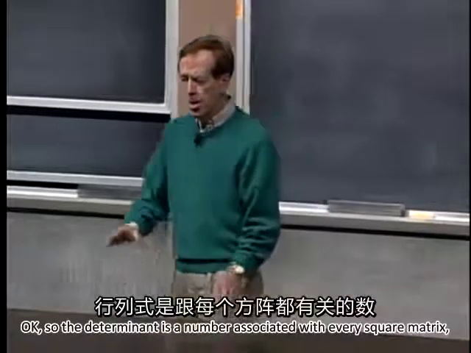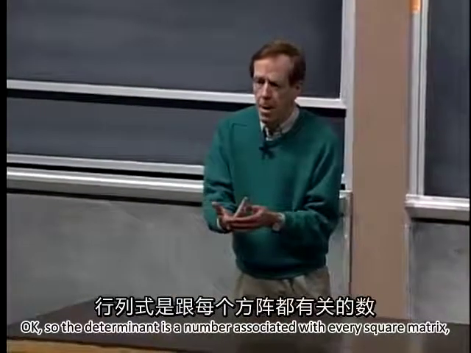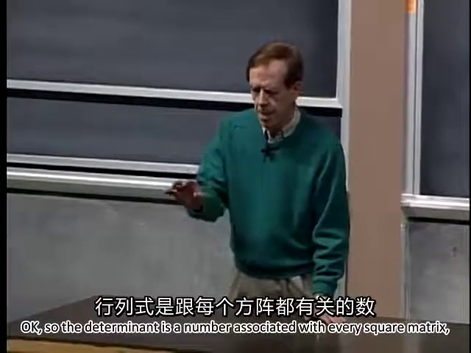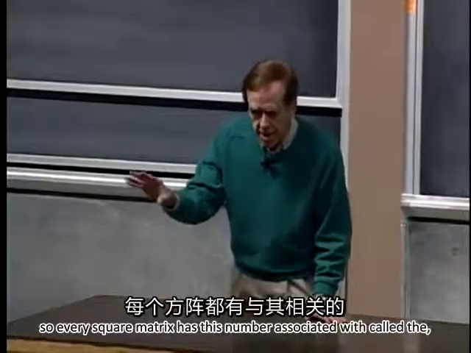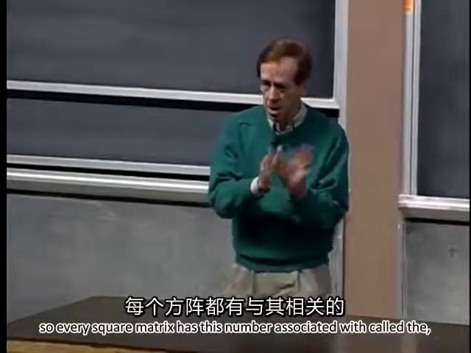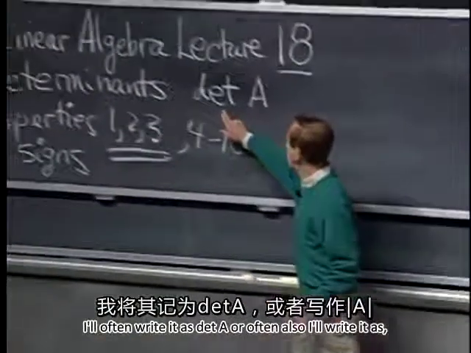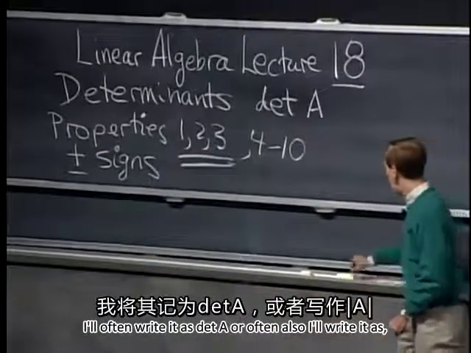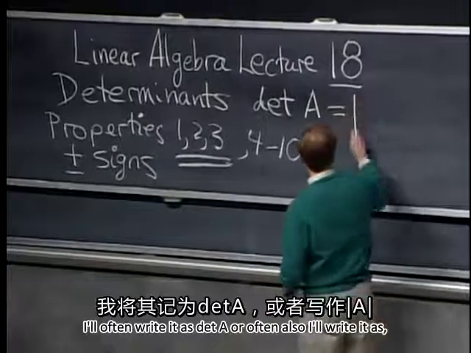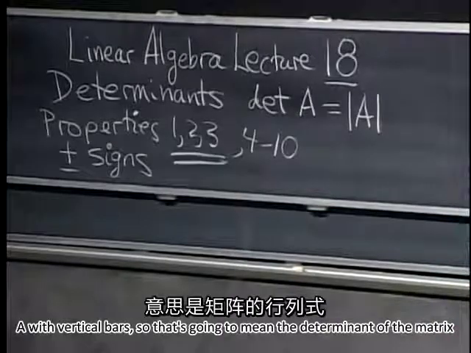Okay, so the determinant is a number associated with every square matrix. Every square matrix has this number associated with it called its determinant. I'll often write it as det A, or also as A with vertical bars.